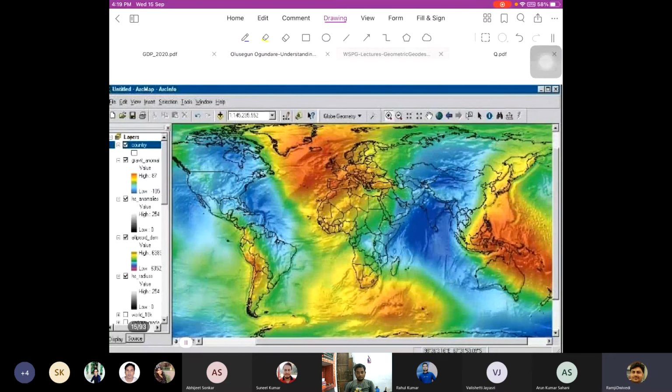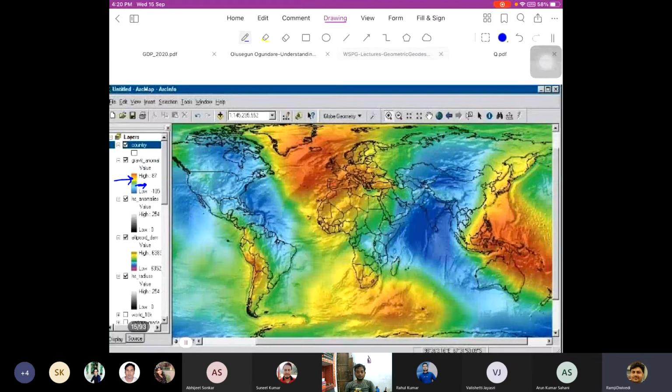This is the global geoid value, where the geoid anomalies are represented from -105 to 87, and you could see your value of India somewhere lies in the blue zone. Okay, so this is the global geoid which is available.